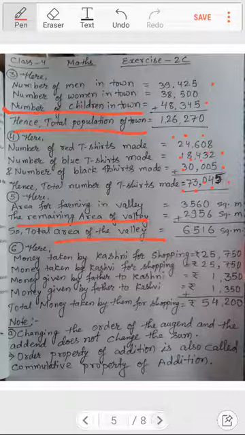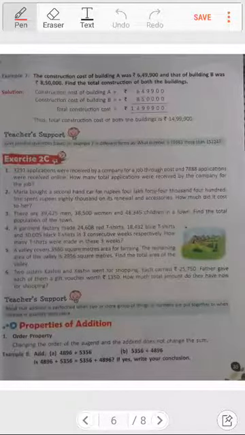If you see question number 6, number 5 was to find the total area of the valley, so I had added. And in question number 6 it is: two sisters, Kasni and Kasbi, went for shopping, each carried 25,750. Here the word each plays a very important role. Each means both the sisters have this much rupees.